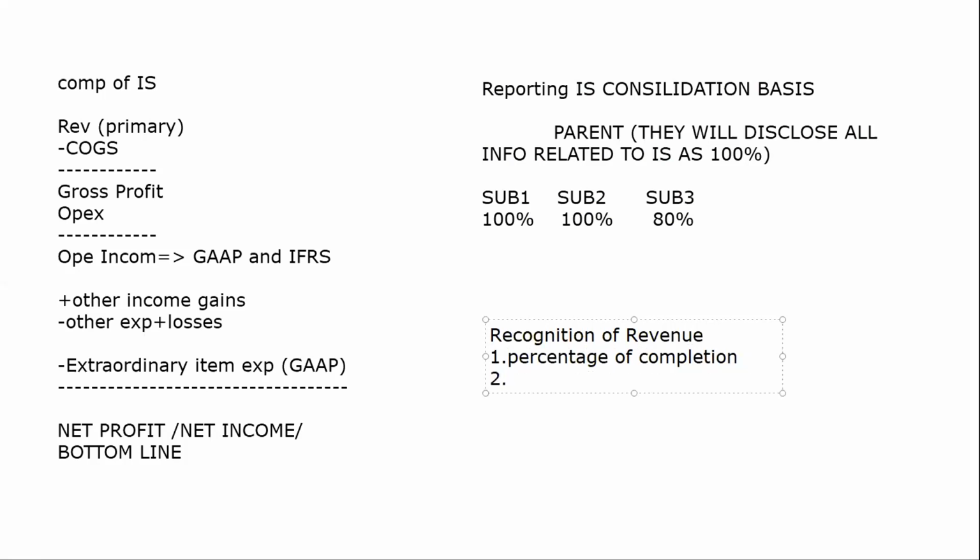The second one is the completed contract method. The third one is the installment method. And the fourth one is the cost recovery method.